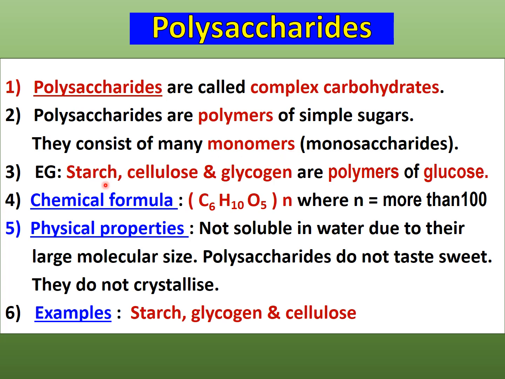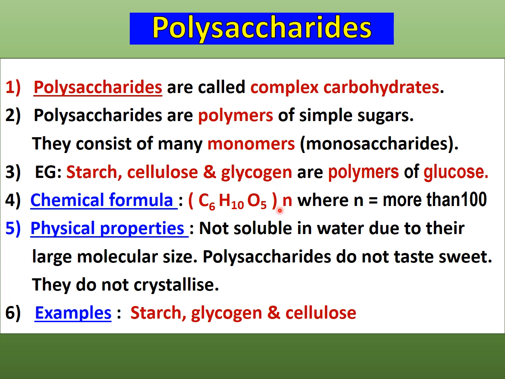For example, starch, cellulose, and glycogen are all polymers of glucose. They're all made up of this basic unit called glucose. So what is the difference between starch, cellulose, and glycogen? They're all made up of glucose. Well, the difference is in the structure of the molecules, which we will discuss later.